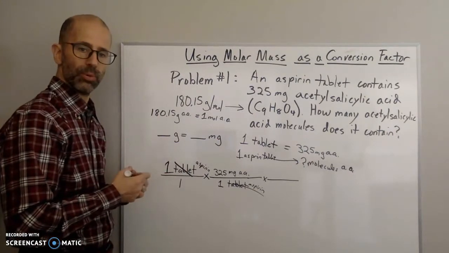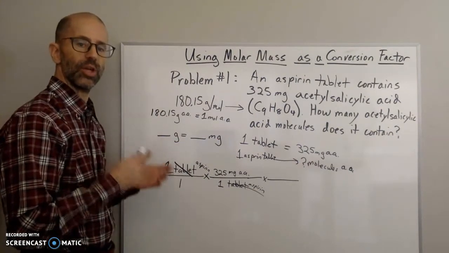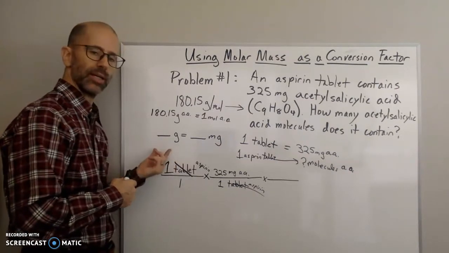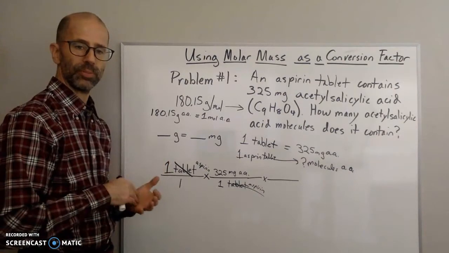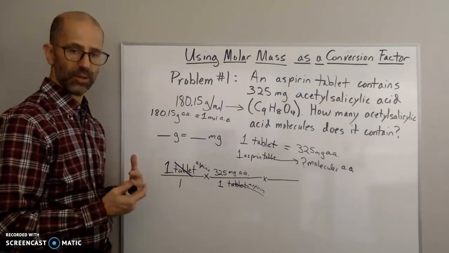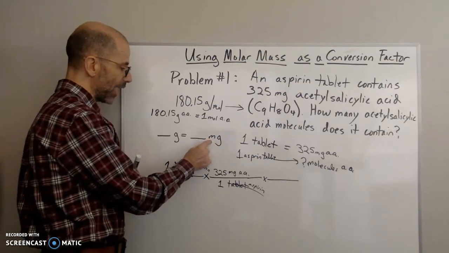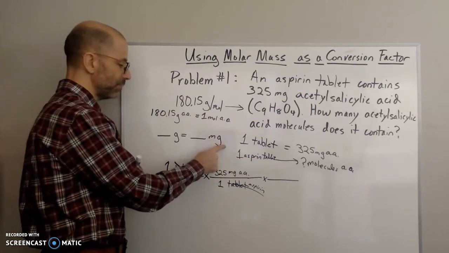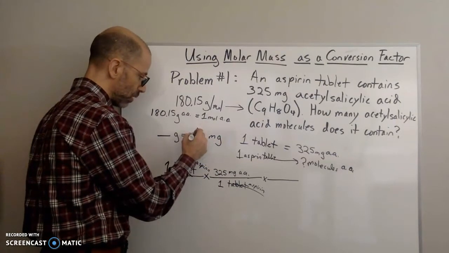I always put the 1 with the unit that has a prefix. Now, when I have metric to metric, I need to know the prefix multipliers. So if you don't know the prefix multipliers, you got to go back and look them up or memorize them, but you need to know them. So here I have the prefix milli, so this is milligram. So I'm going to put a 1 here. That's where I'm going to put the 1.